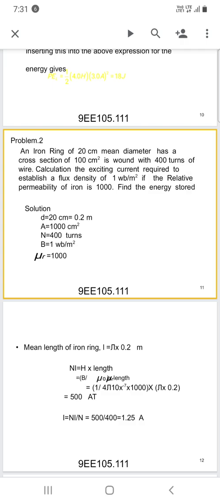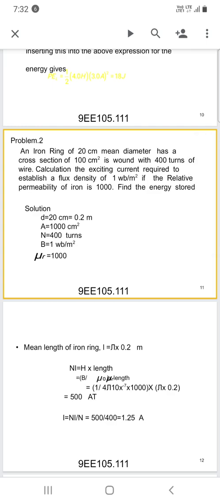An iron ring of 20 centimeter mean diameter has a cross section of 100 centimeter square and is wound with 400 turns of wire.